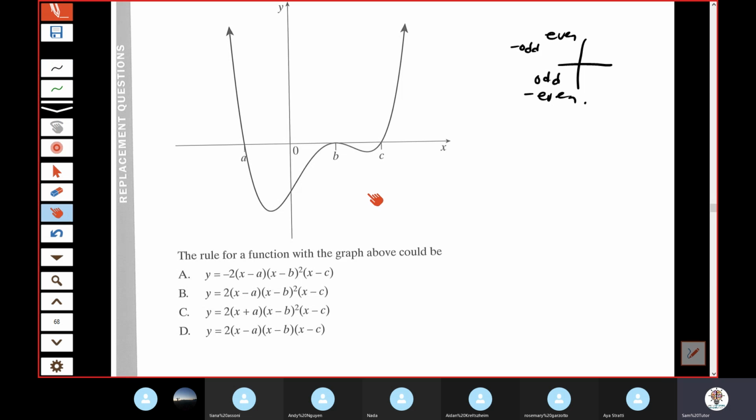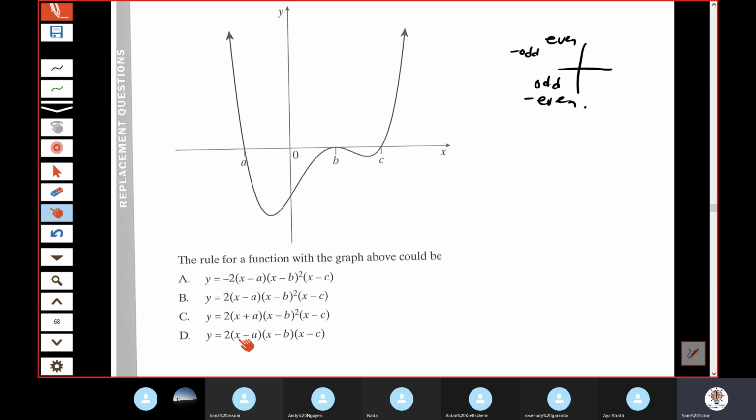Okay, let me think as well while you guys think. If it starts up here, it's either going to be a negative odd or an even. So these all look like they're going to become, oh, that one, that's an odd, but that's not negative, so that one's definitely wrong. Okay, so we're tossing up between these, but then that is an even, but then times by negative, that's also wrong.